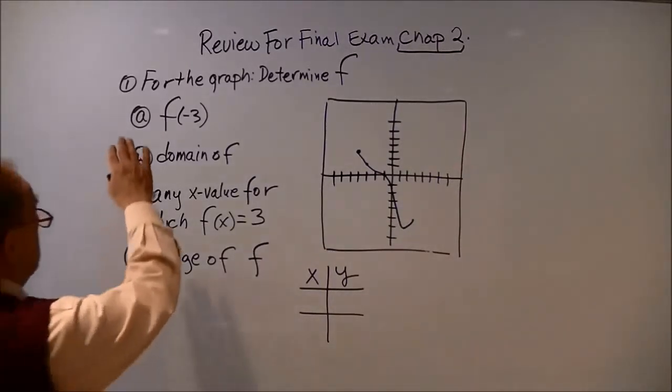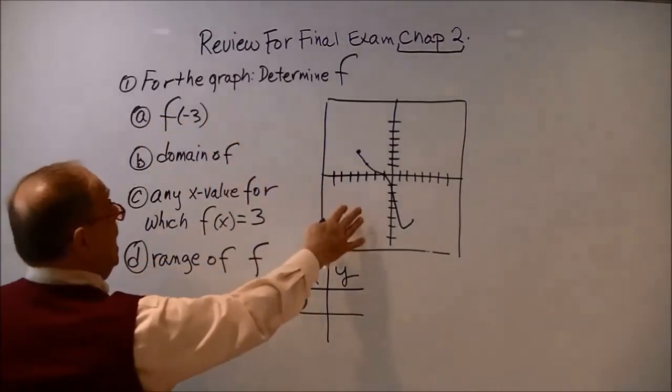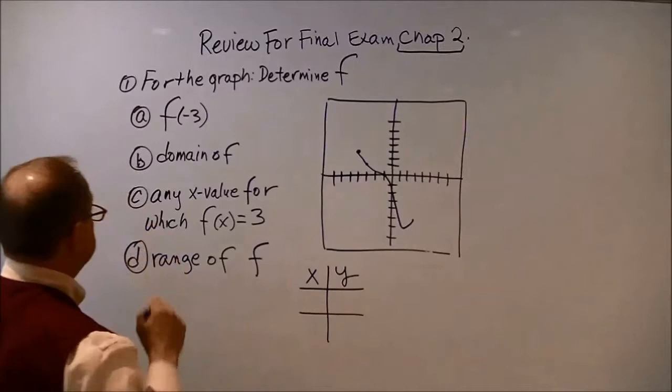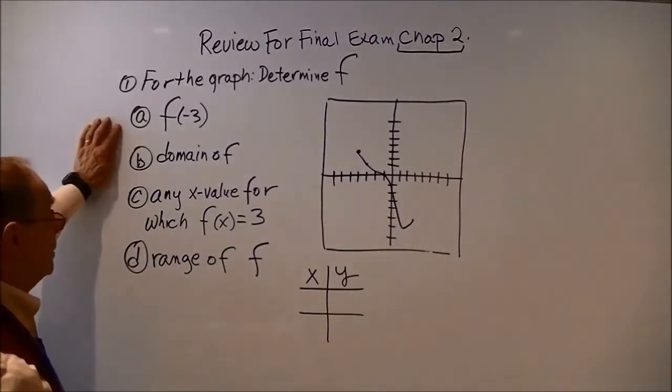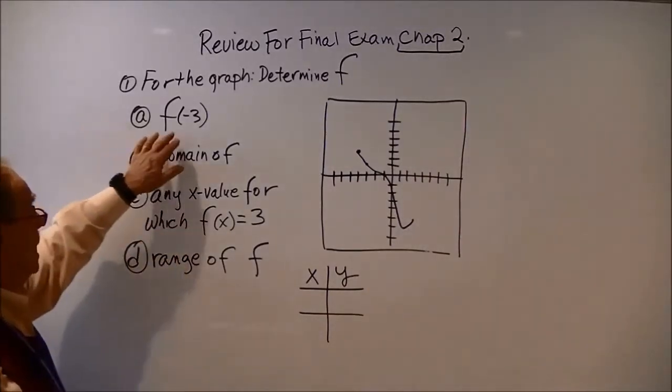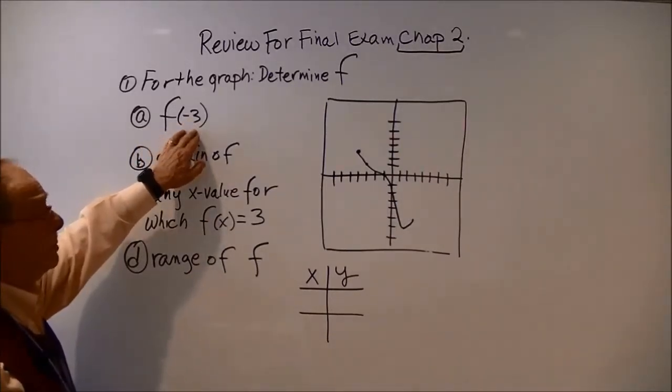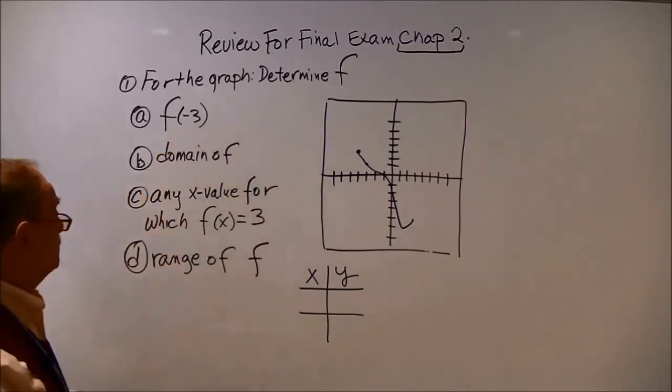And what we're asked for number 1 is, for this graph, determine values of f. Now for letter A, they're saying f of -3. Well, this would be our x value.